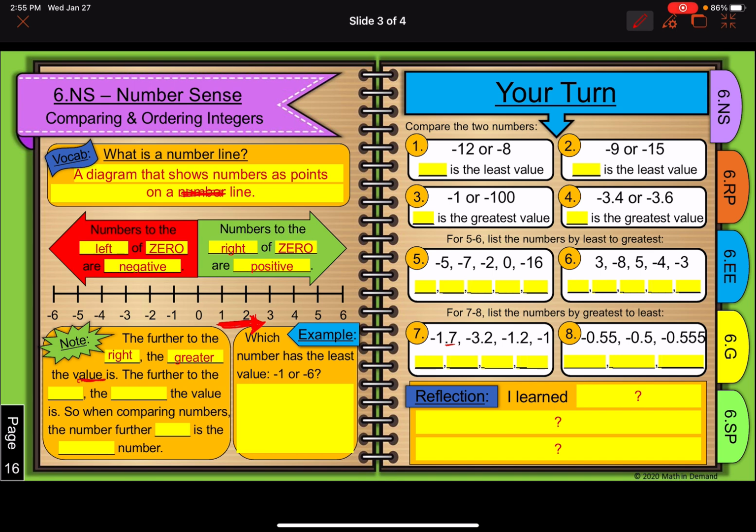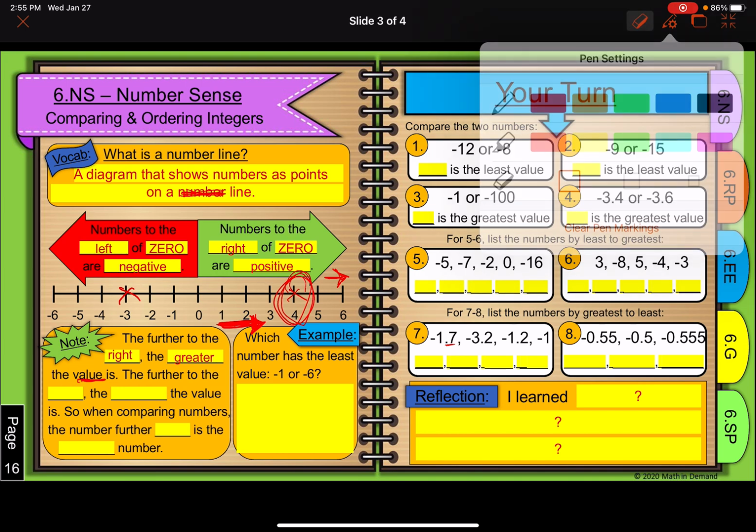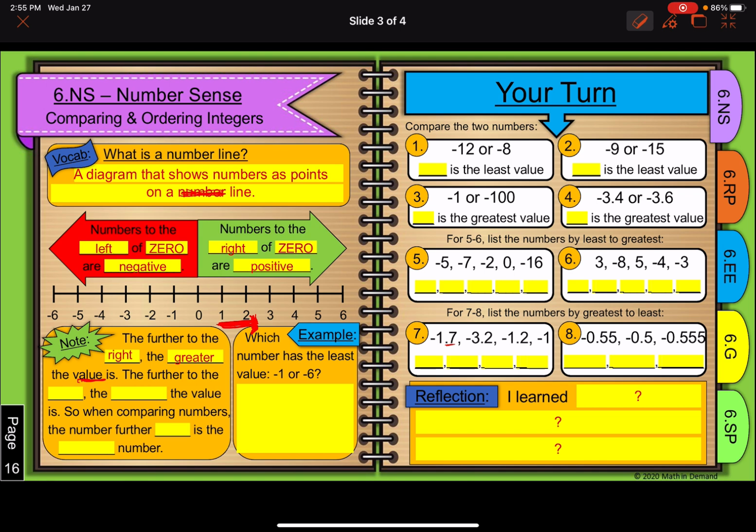So if I'm looking at 4 and negative 3, since 4 is further to the right, 4 is the bigger number. On the flip side of the coin, the further left a number is, the smaller the value is. So if I'm looking at negative 3 and 4 and I'm looking for the smaller number, that's going to be negative 3.